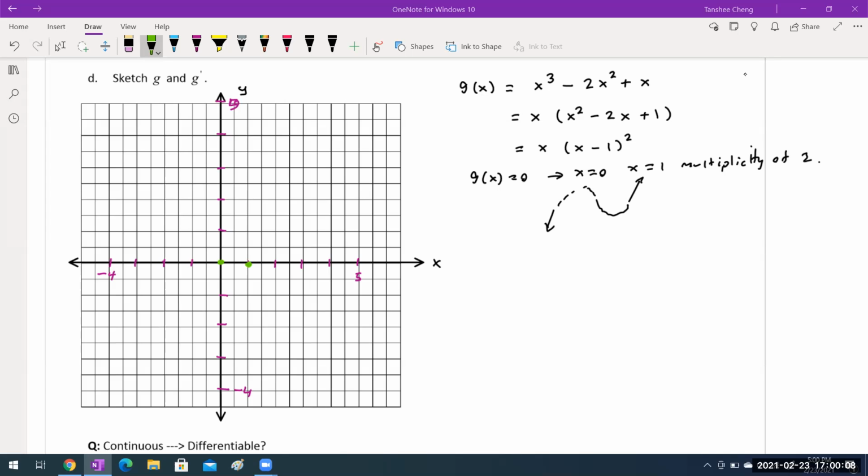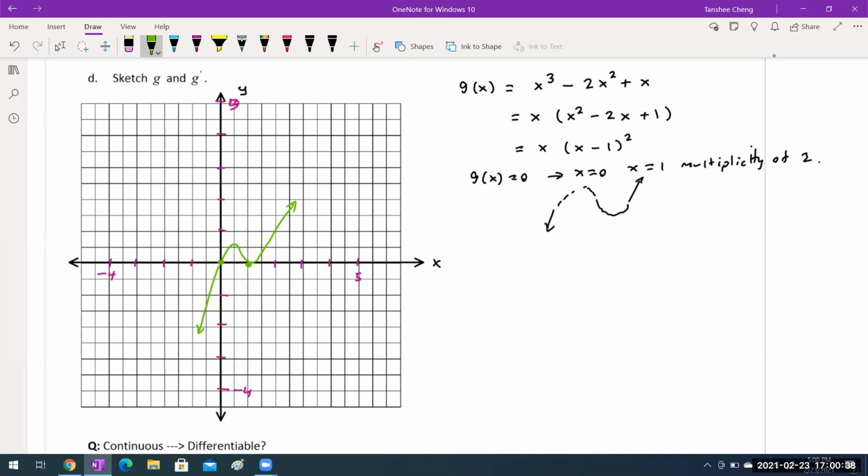And then we know the end behavior, and the multiplicity at 1 is 2, so the graph will touch and go back off. So my graph is going to look like this, going down, and then shoot up somewhere and then peak and then come back down and then go like this. And again, I don't exactly know what is happening in between 0 and 1 at this point.